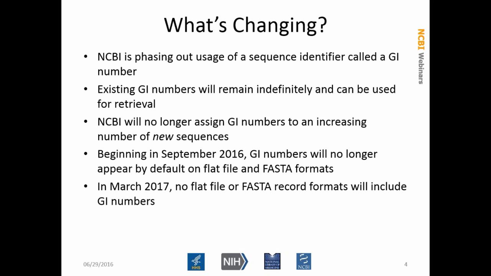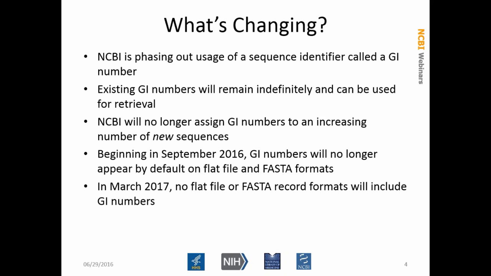So what is changing? We are beginning to phase out the usage of the GI number, which has been a sequence identifier used in the sequence databases for many, many years. The one thing to remember is that existing GI numbers, on records that already have a GI number, will remain indefinitely. We're not deleting GI numbers from data.